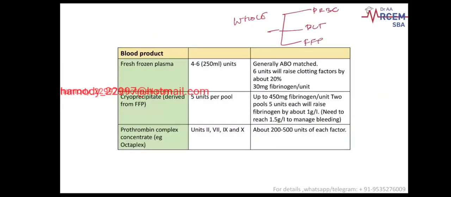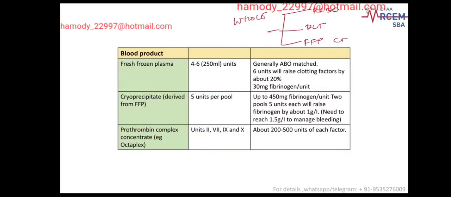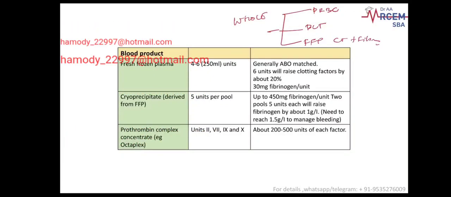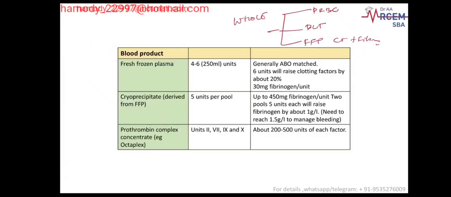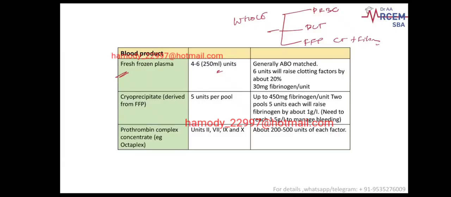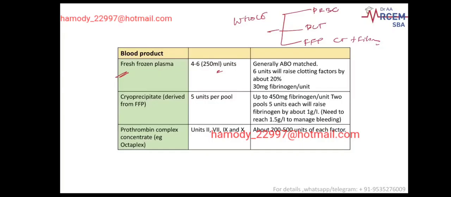That is the main thing. It contains all the clotting factors. Along with the clotting factors, it also contains fibrinogen. Remember that fibrinogen and the clotting factors both are present in FFP. When you give FFP, we usually give 4 to 6 units. Just one pack of FFP will not be helpful. 4 to 6 units of FFP we will be giving.